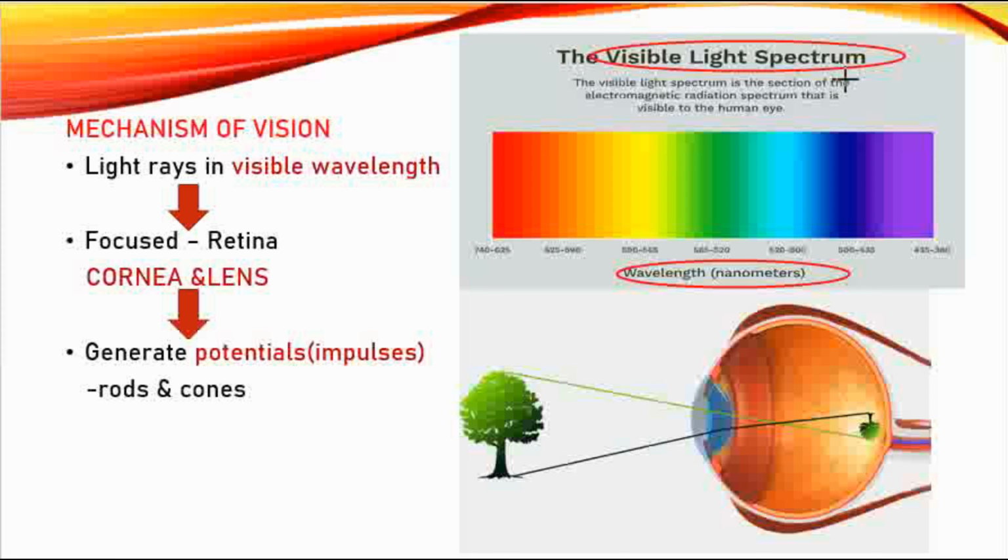So the section of the electromagnetic radiation spectrum that is visible to the human eye is known as the visible light spectrum, or visible wavelength. The light rays in the visible wavelength range all get focused in the retina.